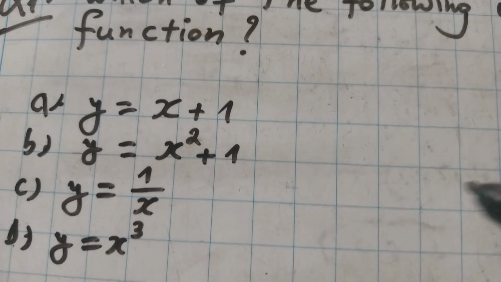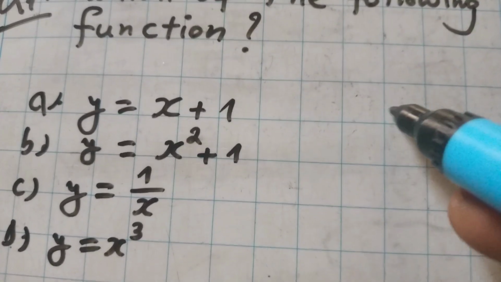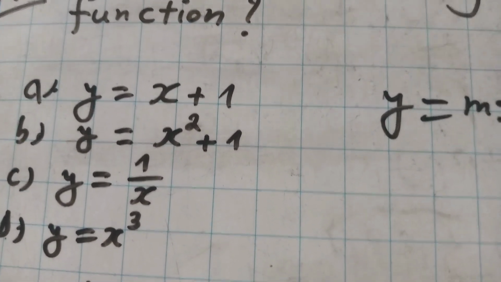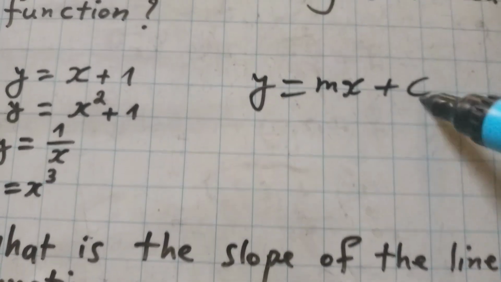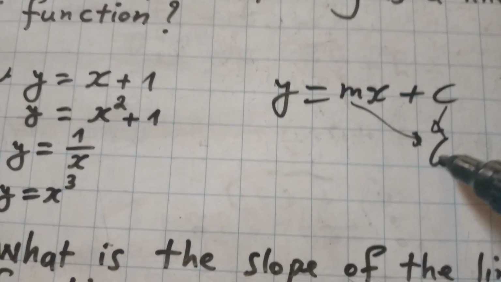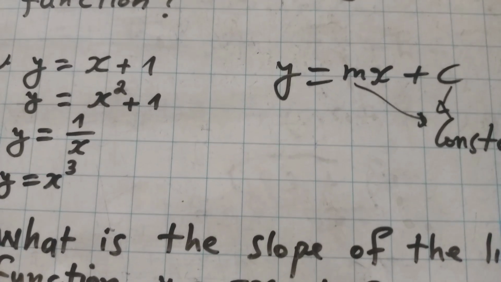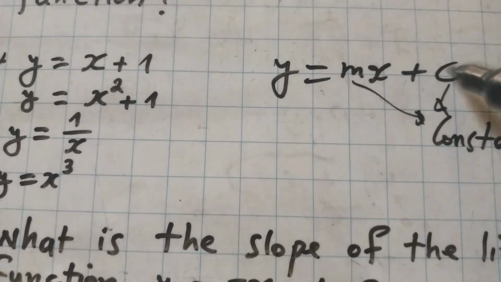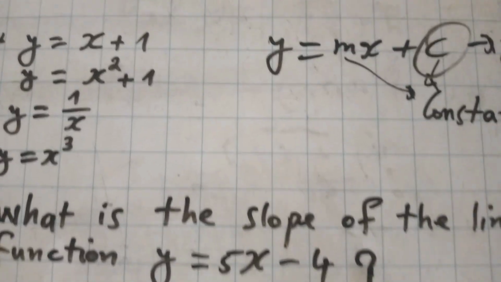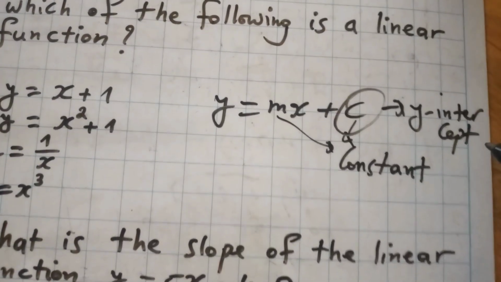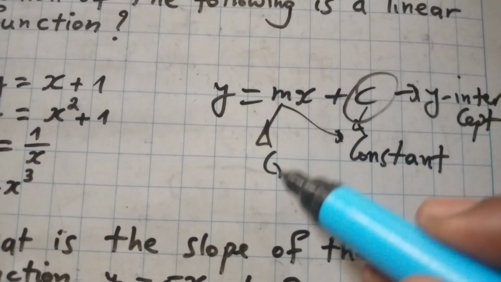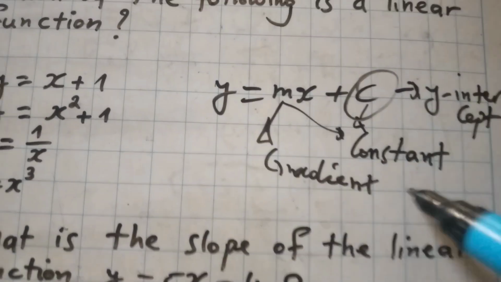And the general form, the standard form of linear equation is y equal mx plus c, where c is a constant and m is a constant. Specifically, this c is called the y-intercept, and the specific name of m is gradient or slope.